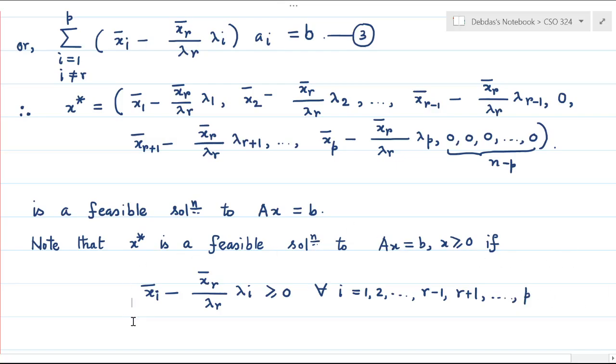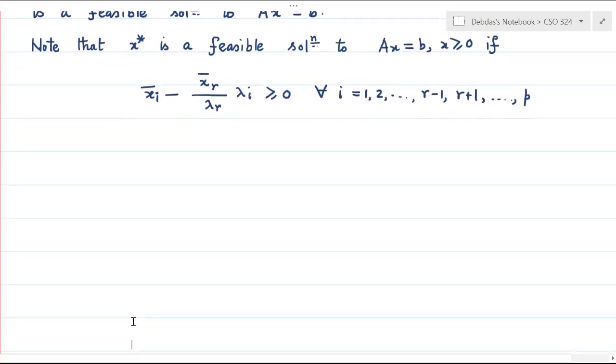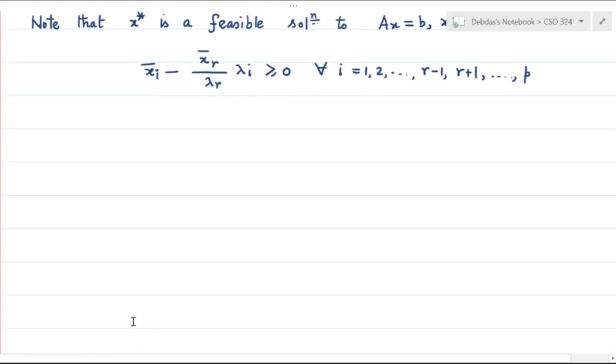And now we analyze when this will all be greater than or equal to 0.